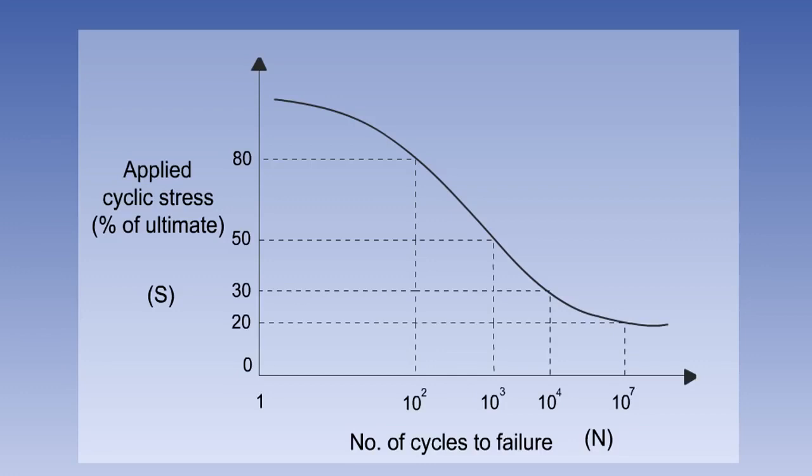This is a graph of the magnitude of the cycle stress, S, against a logarithmic scale of cycles to failure, N. It can be seen that after 100 cycles, at 80% of the ultimate stress, the specimen will fail. But if the stress is reduced to 30% of the ultimate, then the component will fail after 10,000 cycles.